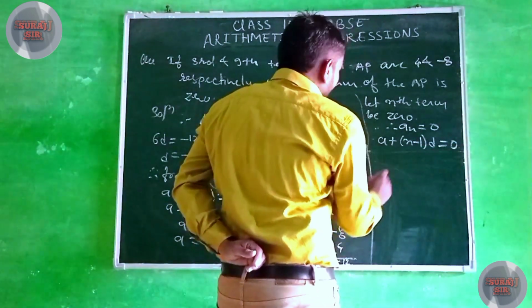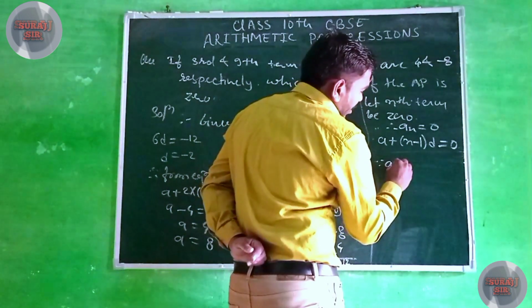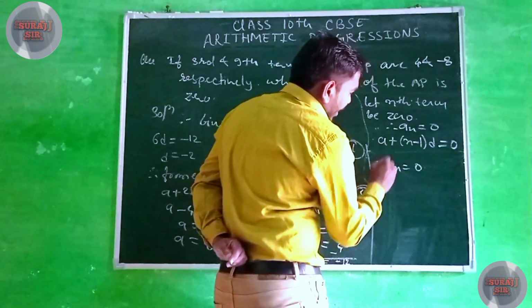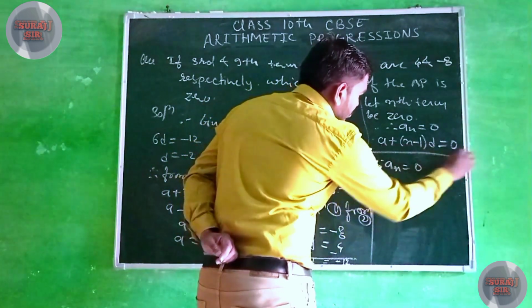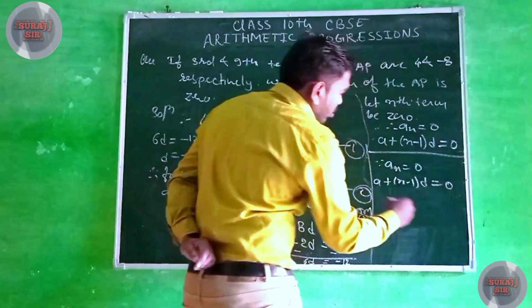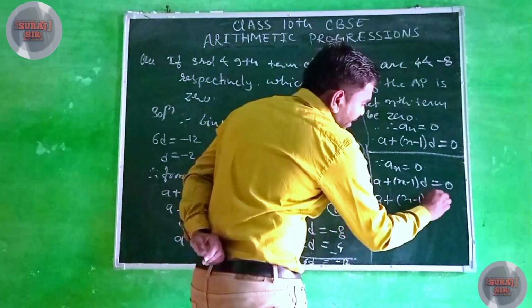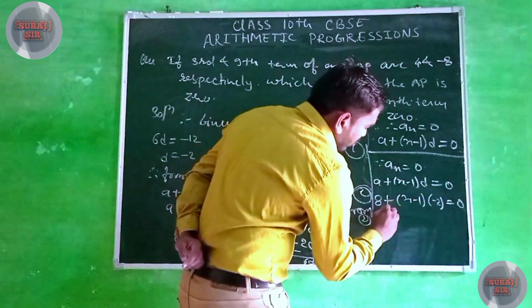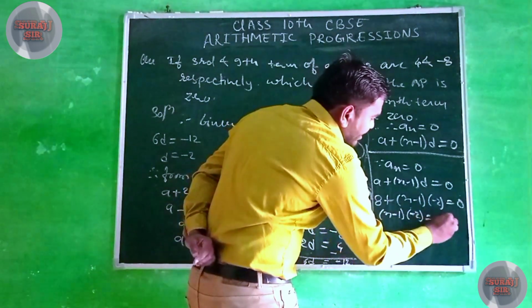Putting values in this equation: 8 plus n minus 1 into minus 2 is equal to 0. 8 is being transposed to the right hand side. What we get? n minus 1 into minus 2 is equal to minus 8.